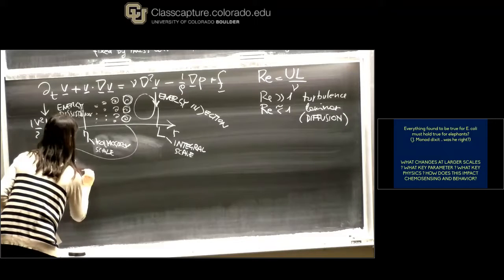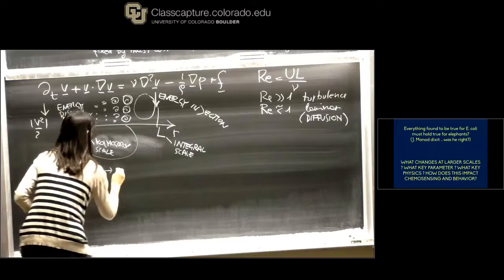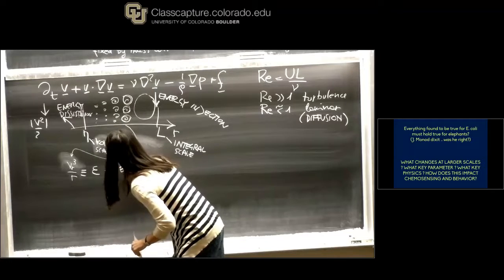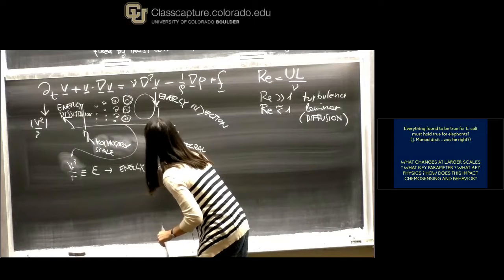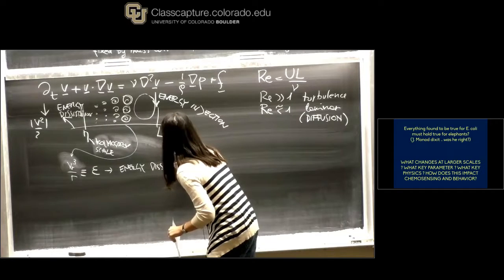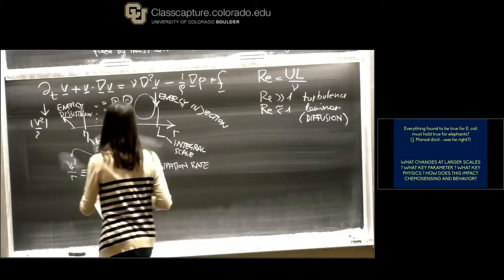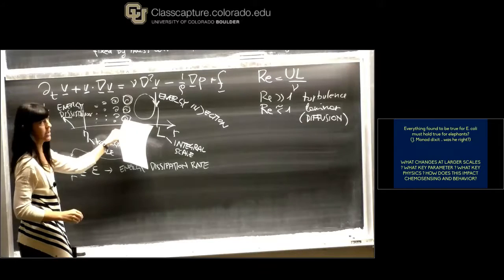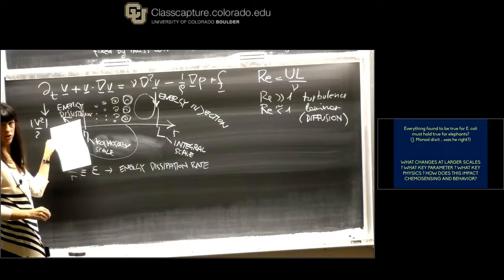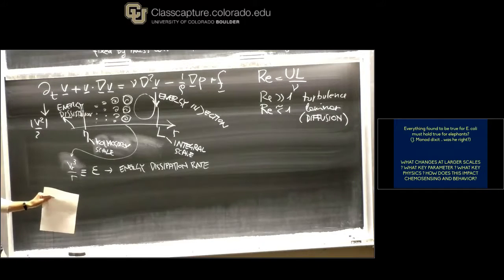This will be equal to epsilon, and epsilon will be the energy dissipation rate. This will be constant throughout this range, which is called the inertial range, and this is a number. Assumption. Okay, let's see how far this gets us.